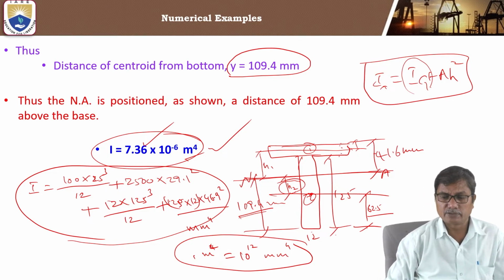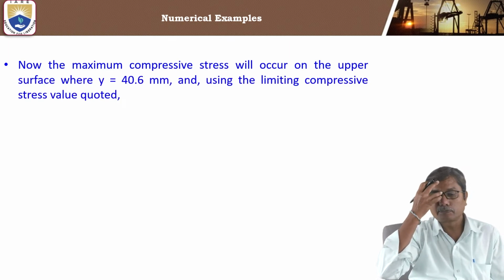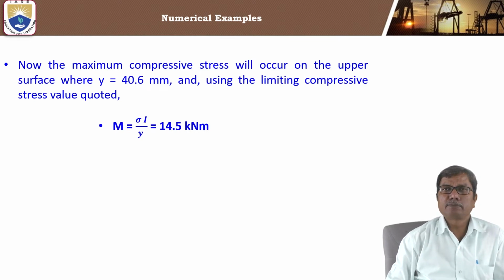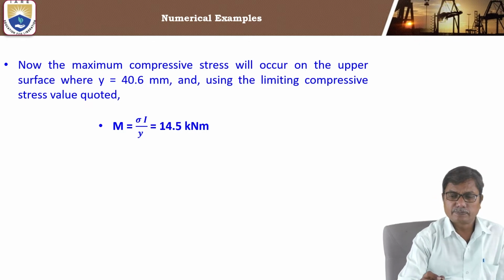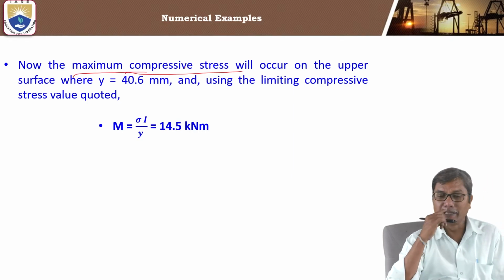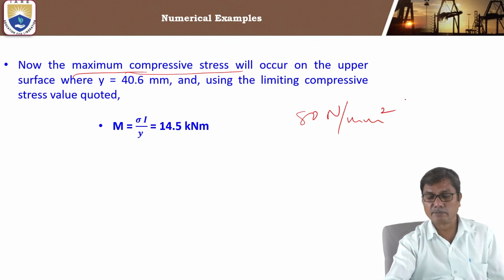Knowing this moment of inertia, next we find the maximum bending moment based on limiting compressive stress, maximum compressive stress, which is given to be 80 meganewton per meter square or Newton per mm square.